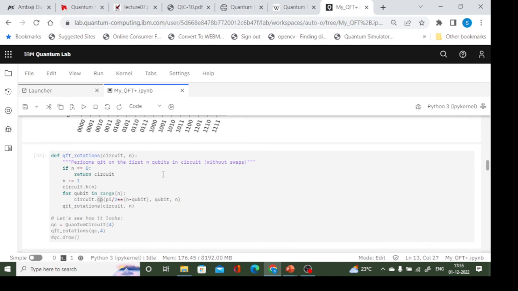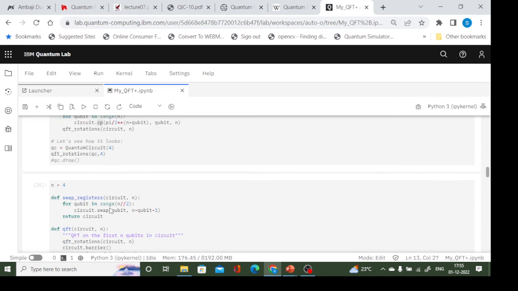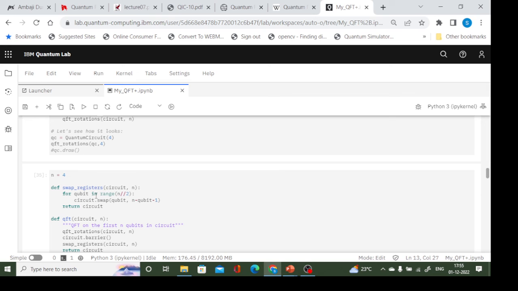In this, we'll build the circuit with the help of Hadamard gate and controlled phase gate. Then we need to do some swap operation. I mean, a function is defined, again given in the Qiskit documentation.